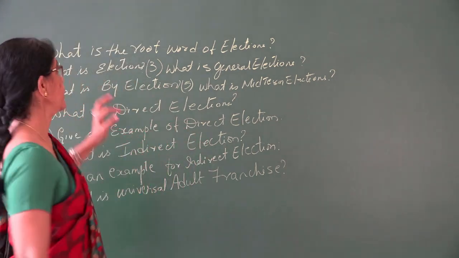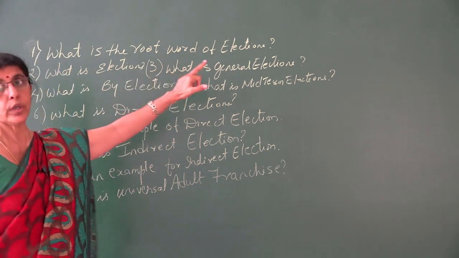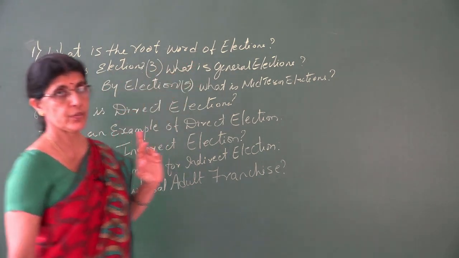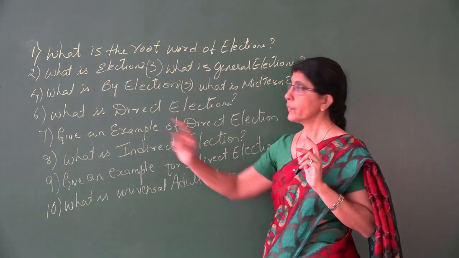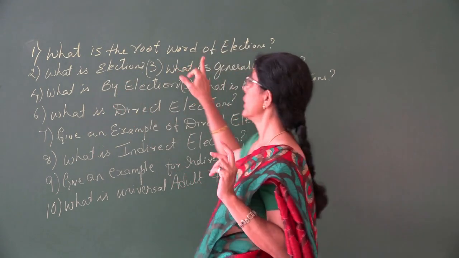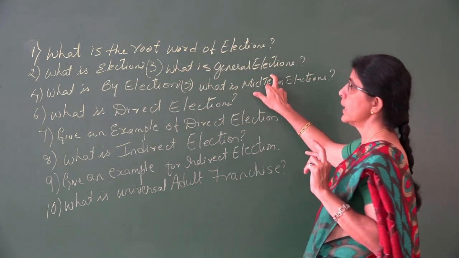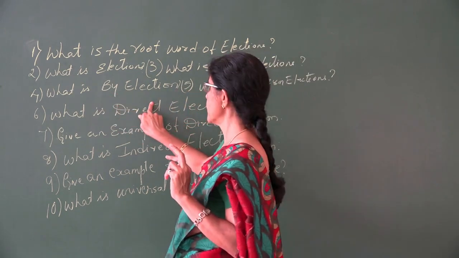Now, coming to the questions, what you have to answer is, what is the root word of elections? Second, what is elections? Third, what is the general elections? Fourth, what is by-elections?